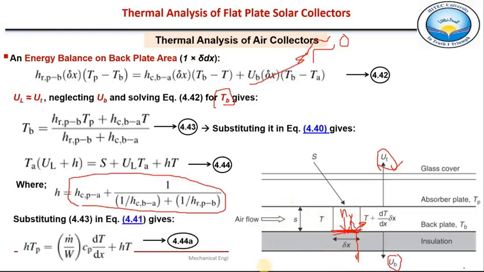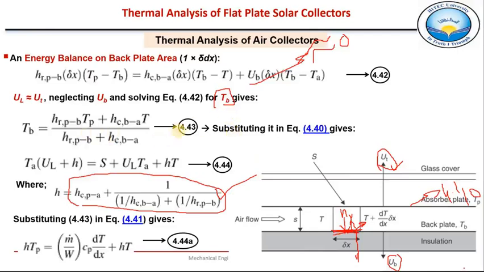So next, what is done here, substituting equation 4.43, the same TB equation. Initially we put equation 4.43 in 4.40, which was the equation of this absorber plate, and then after doing certain mathematical steps, this was the equation which we derived.